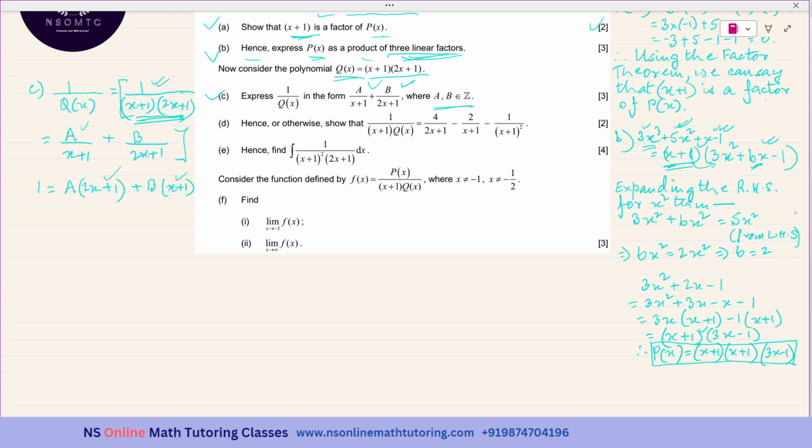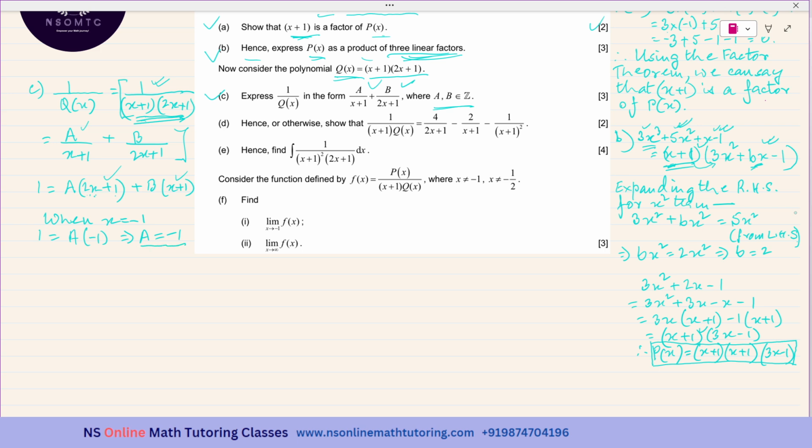First, let me take x equal to negative 1. The left hand side is 1 and this is a times 2 times negative 1, which is negative 2, plus 1, which is negative 1. So negative a is equal to 1, therefore a is equal to negative 1.